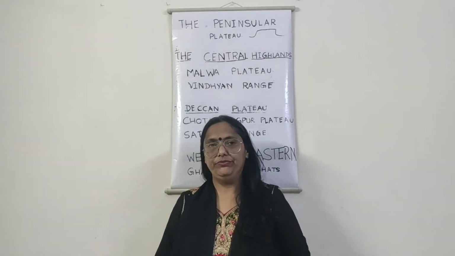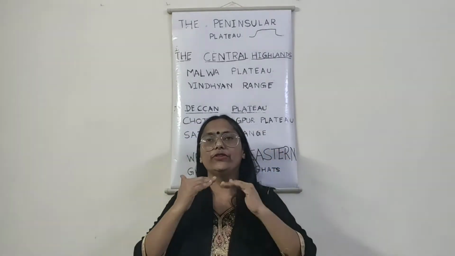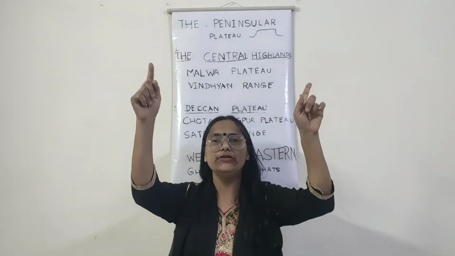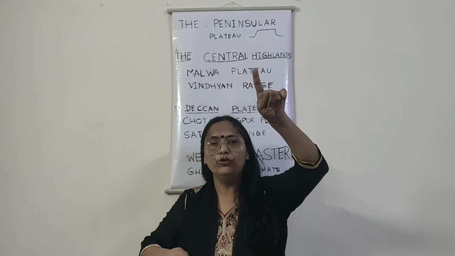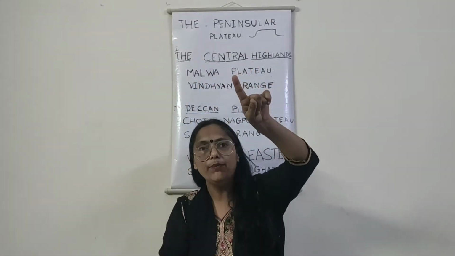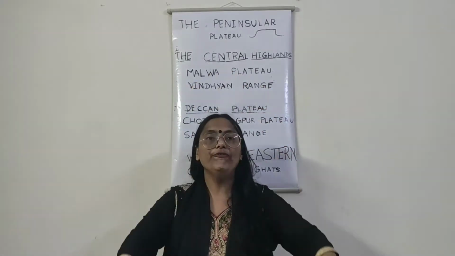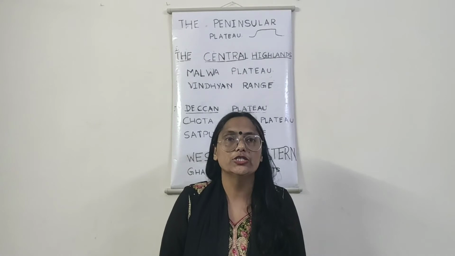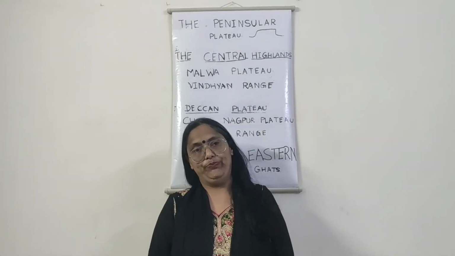Moving ahead, to the south of the Narmada lies the Deccan Plateau. When we see in the map, the central position is this, and this is your coastal area. To the south of the Narmada River, we find the emergence of the Deccan Plateau.